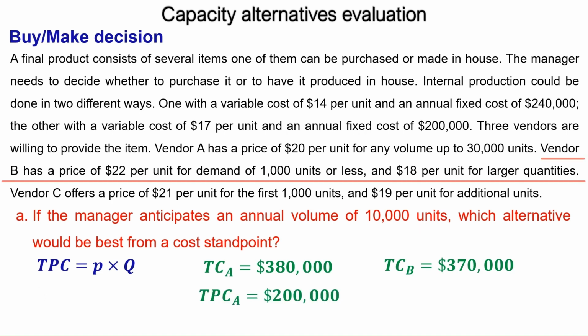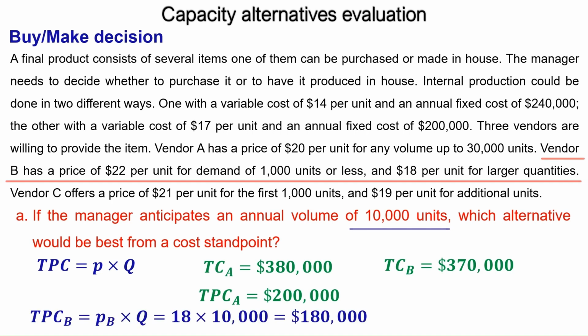For vendor B, he offers two prices, $22 if Q is less than or equal to 1,000 units and $18 if Q is more than 1,000 units. As Q equals 10,000 units, TPCB equals 18 multiplied by 10,000 equals $180,000.